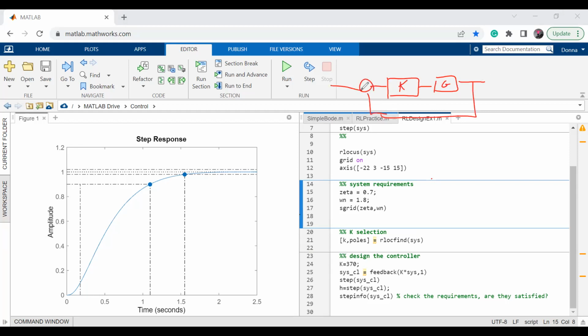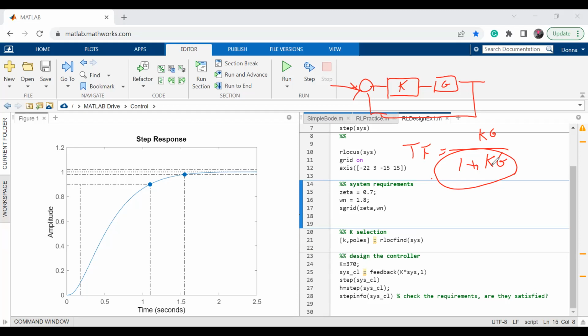We discussed this in root locus. So the transfer function of the whole thing is KG over 1 plus KG, the feedback loop. Because of this K, there will be a difference in the poles of the system. So a pole will be added to your system because of this K, right? So one way is to calculate and know what exactly the value of the pole is. One way, you don't know.